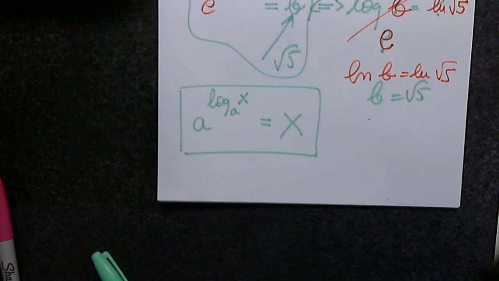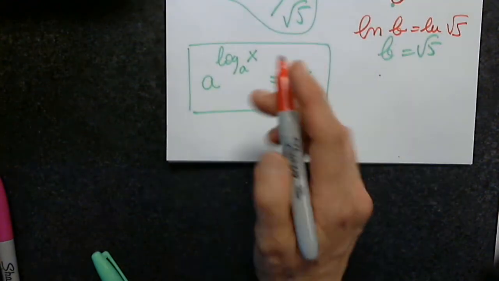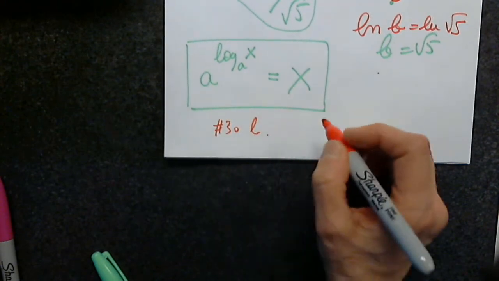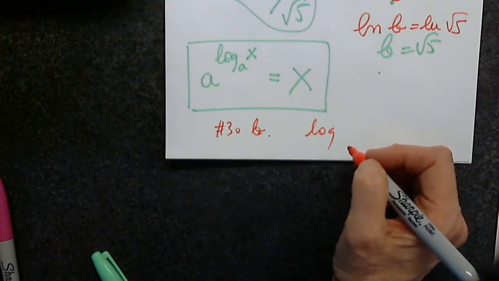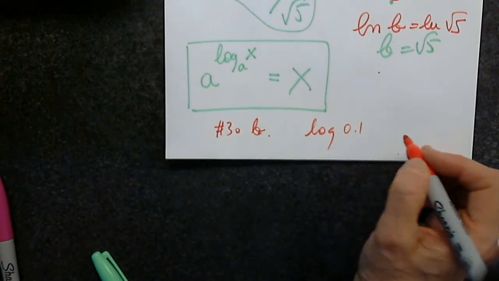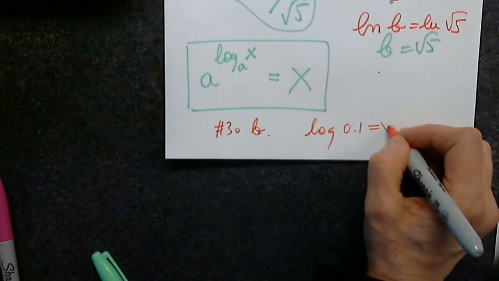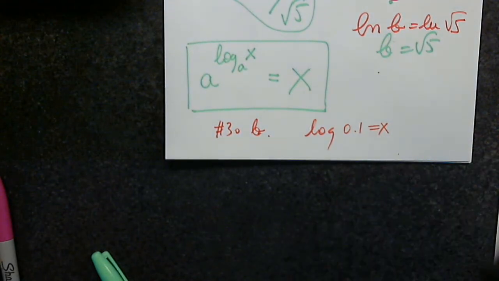Moving on to the next set, 29 through 36. Okay, 30B. So log base 10, it shouldn't be written, but they started writing that at the beginning, so we don't forget.